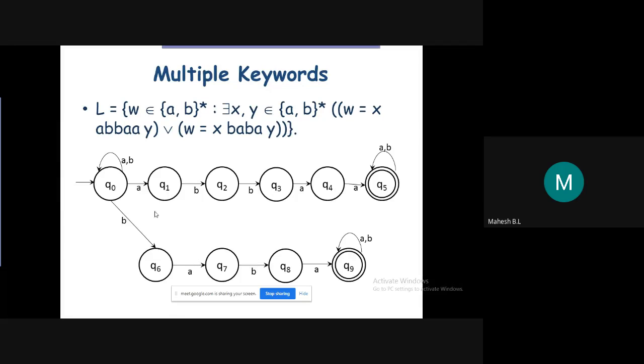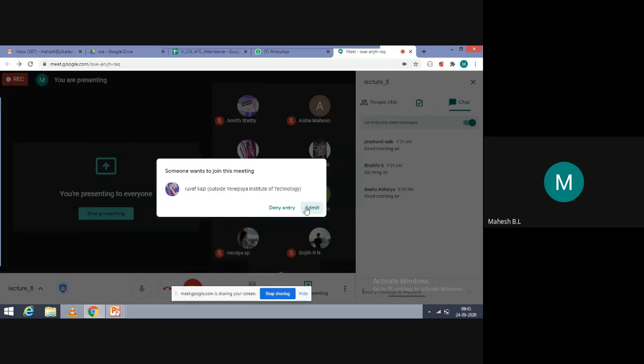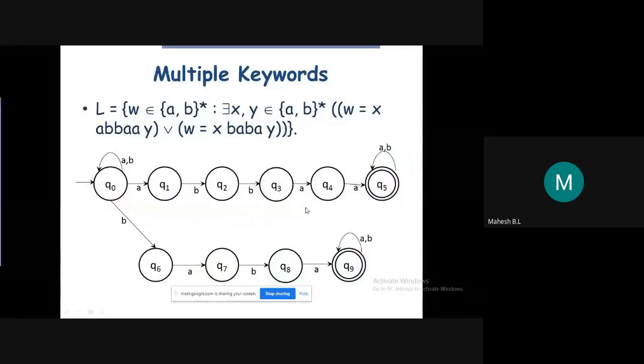That's why before both of these, you can have any sequence of a's and b's, as well as at the end. That's why you have a self loop at the beginning and at the end. So this substring has to be there anywhere in the string. I hope this example is clear to you.